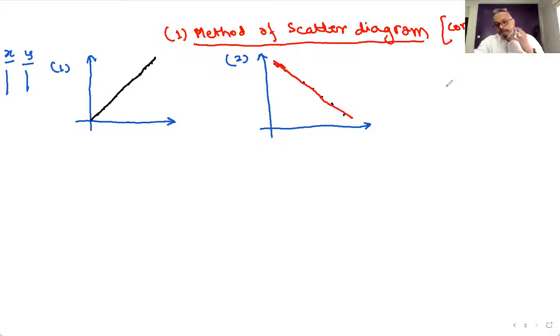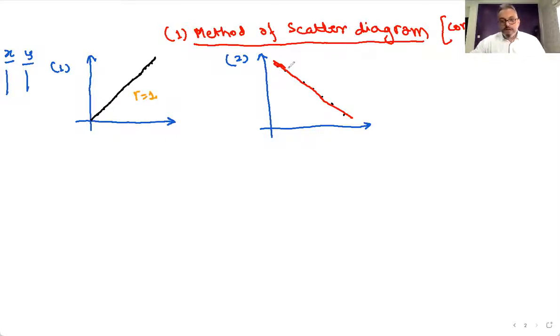In the next method, we are going to see how to find the values of r. But for now, because it's connected with the diagram, I would say that when it is a straight line moving from left to right, upwards, it is a direct relation, it's a positive relation, and value of R, correlation coefficient, is equal to 1.